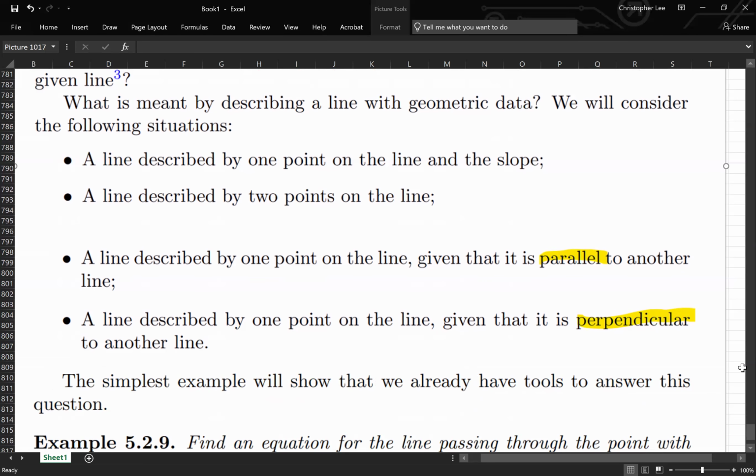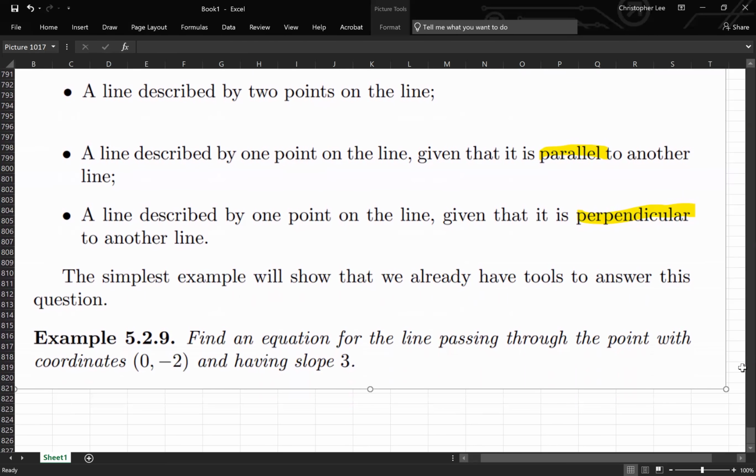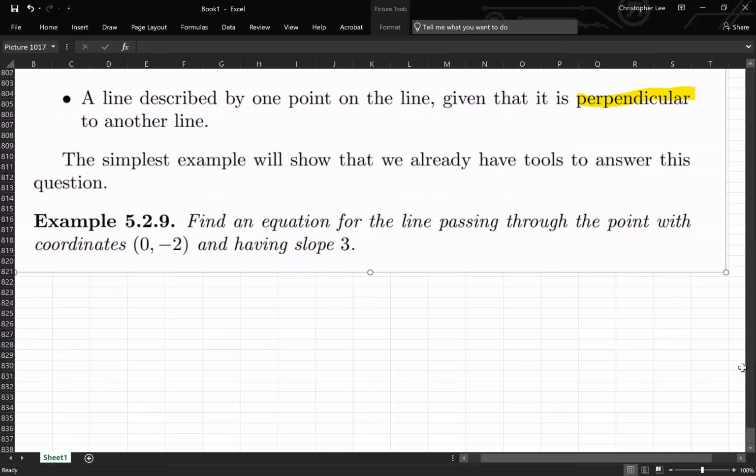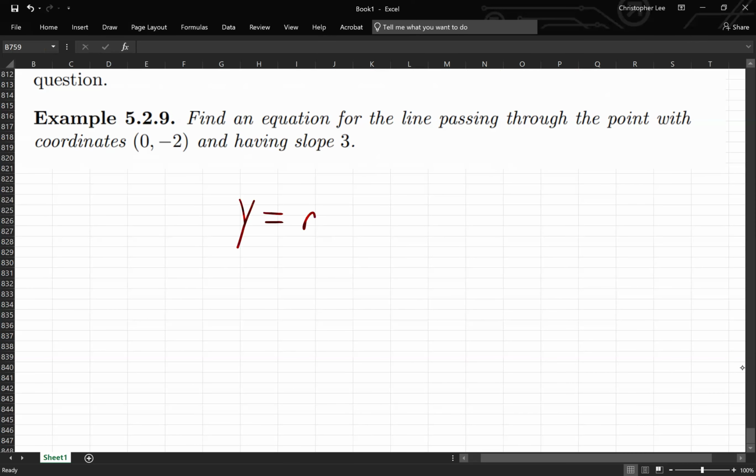The simplest example will show that we already have tools to answer this question. Here's our next example. Find an equation for a line passing through the point with coordinates (0, -2) and having a slope of 3. This is not bad, right? y equals mx plus b. Our slope is 3, so y is equal to 3x plus b.